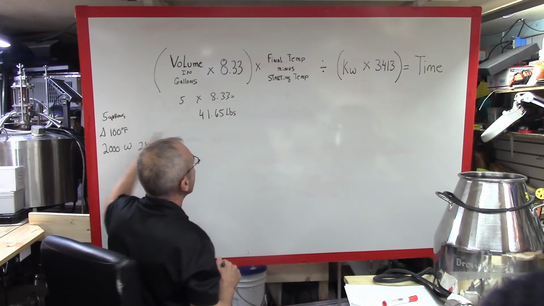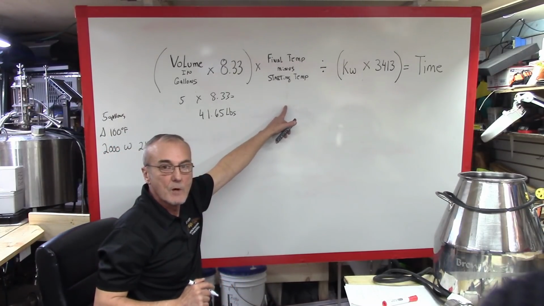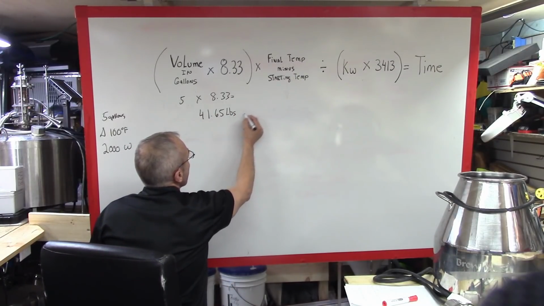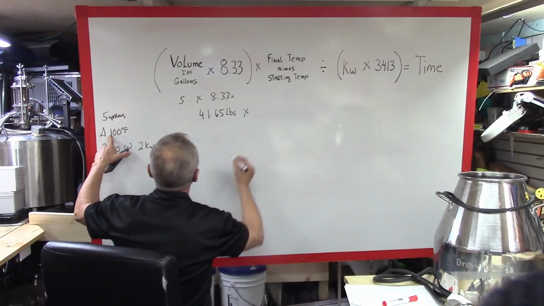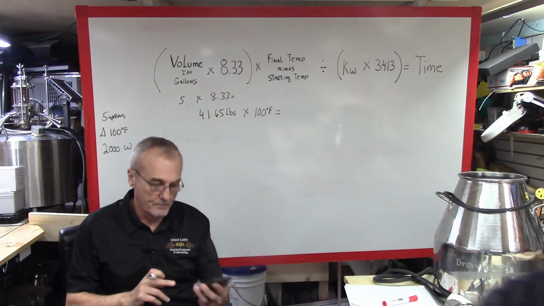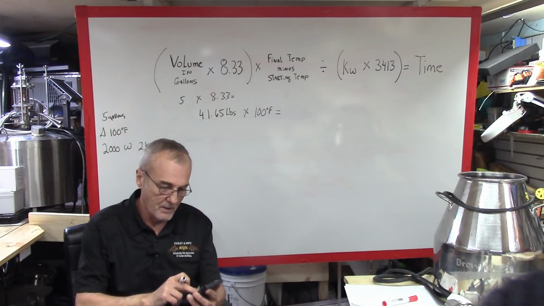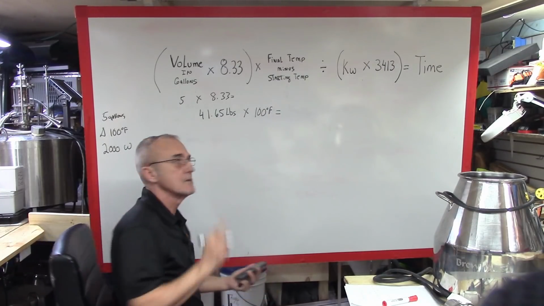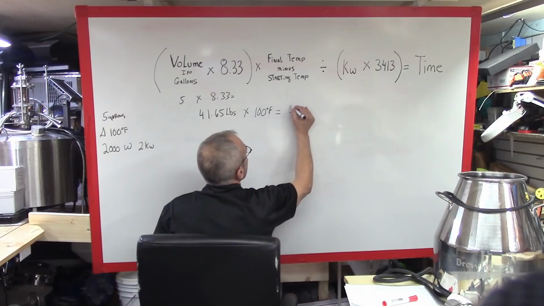We already know what our temperature differential is. So it's going to be 41.65 pounds times 100 degrees Fahrenheit. Times 100 equals 4,165.